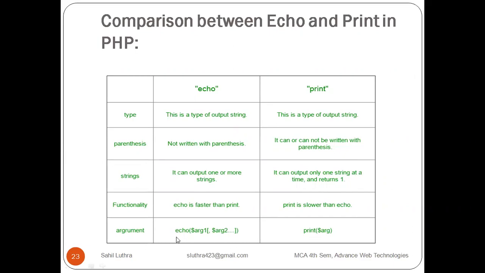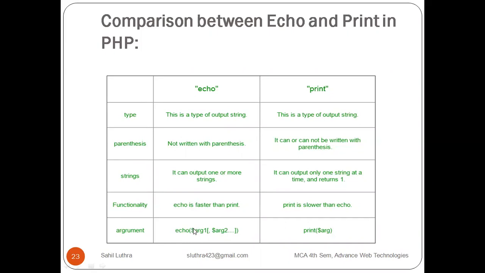And the last thing is argument. You can pass multiple arguments to echo, but in the case of print, you cannot pass multiple arguments to print. What is the rule of passing multiple arguments to echo? You have to separate them with the help of commas. So first of all, the echo keyword, after that round braces, which are not important in echo.